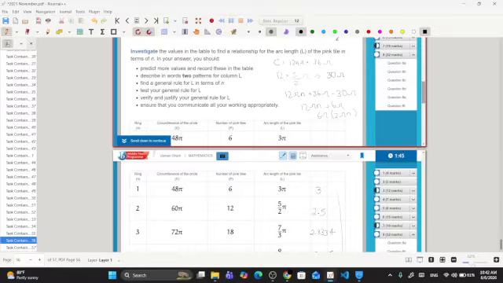wait a second. How many pink tiles did we have, essentially speaking? We had 6 pink tiles, right? And the arc length of a single pink tile was given by the formula of 2n plus 1 over n.